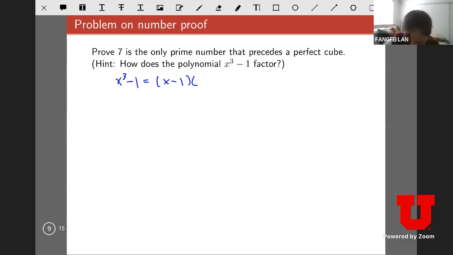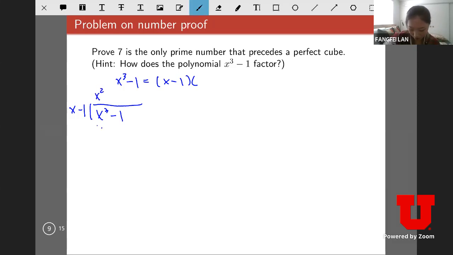I don't know if you guys learned this before, but this is how I've learned, at least for cube factorization. For squares, it's a lot easier. Yes, someone got the right answer: x squared plus x plus 1. If anyone has an easier way of doing this, post on Piazza so everyone knows. But this is how I've learned. You do basically long division.